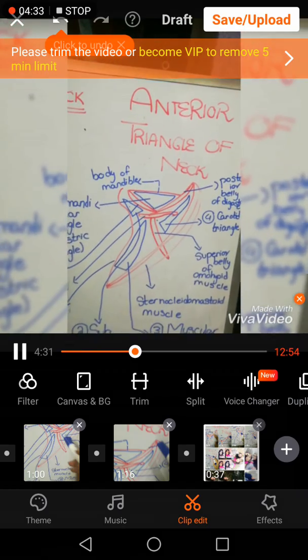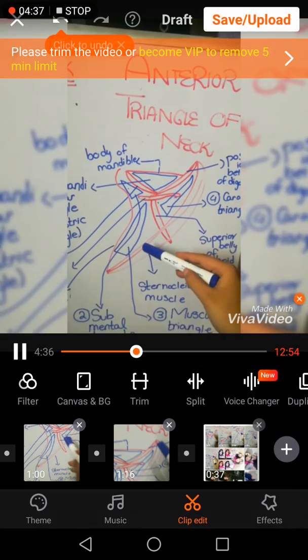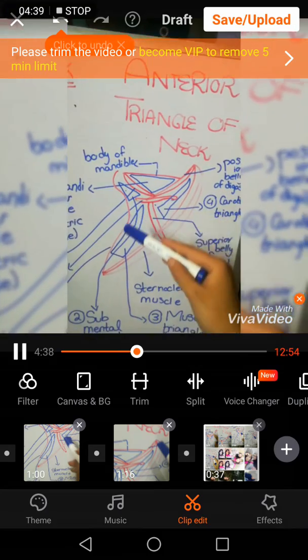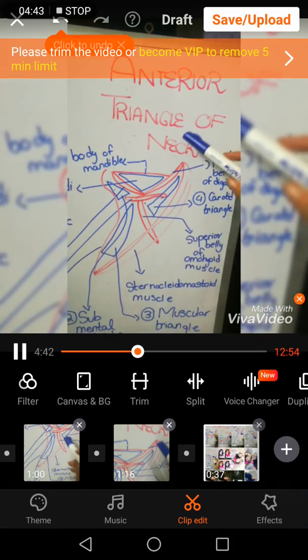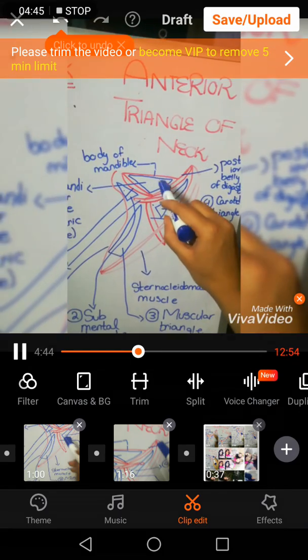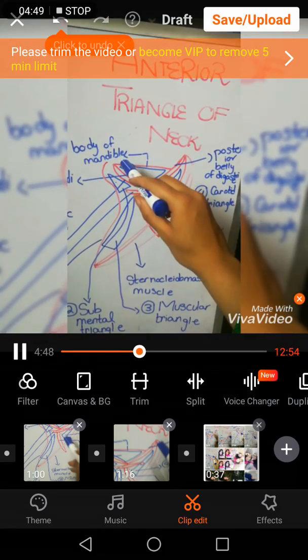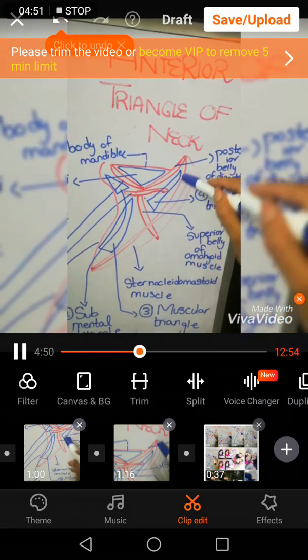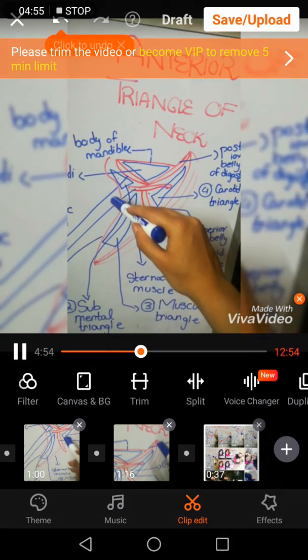We're going to see the triangle formed in front of the sternocleidomastoid muscle. That triangle is called the anterior triangle of the neck. Its relations are that superiorly, above it, you have the body of the mandible. Posteriorly, you have the sternocleidomastoid muscle, and in front, you have the midline.